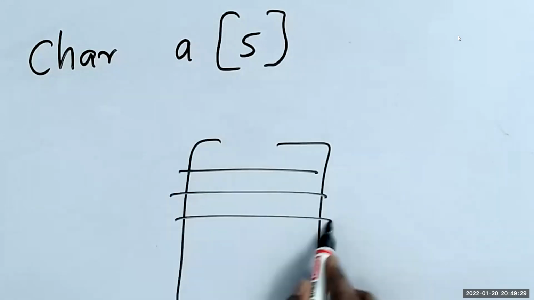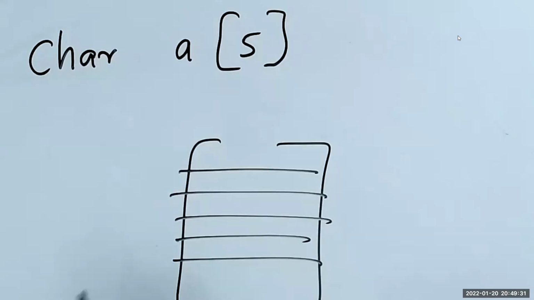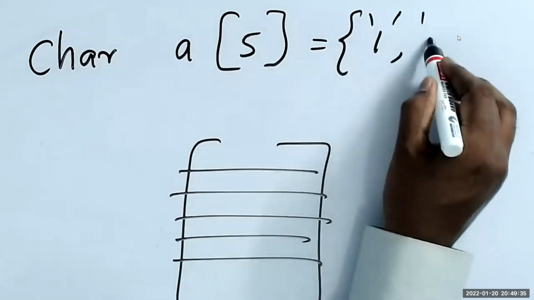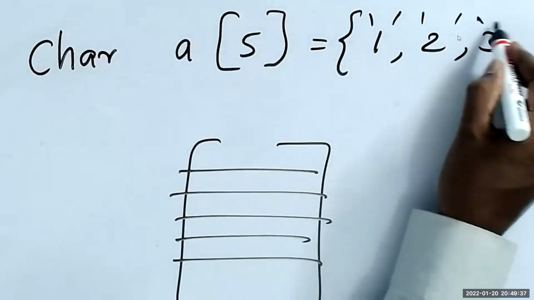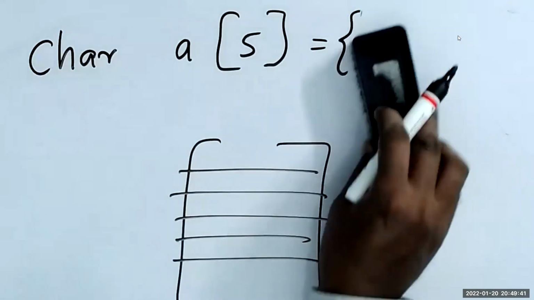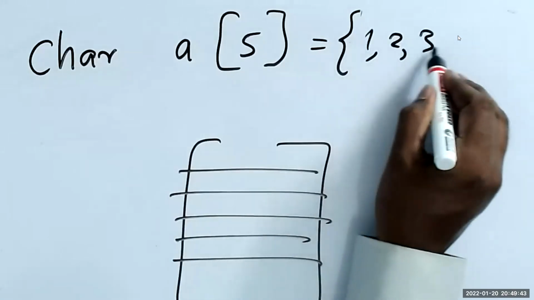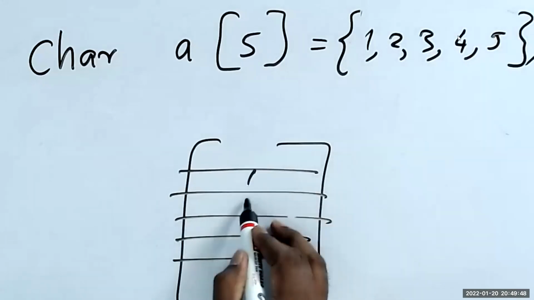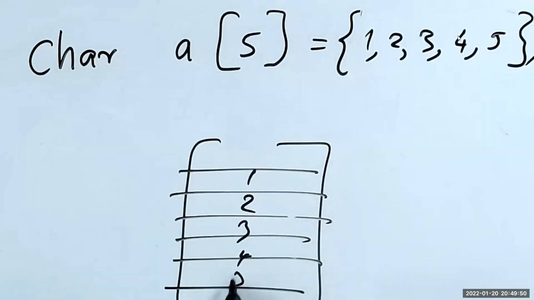That's it. If you say within the brackets 1, 2, 3, 4, 5, then 1, 2, 3, 4, 5 are written here.